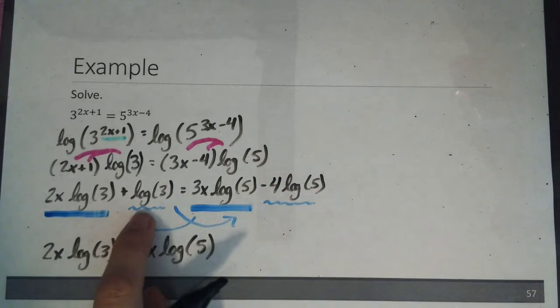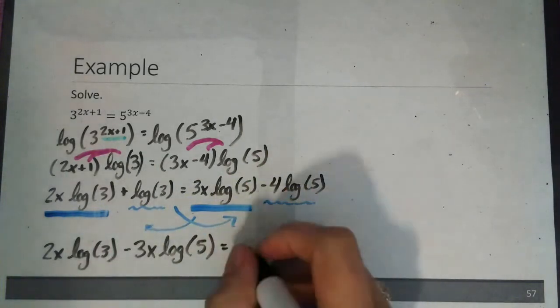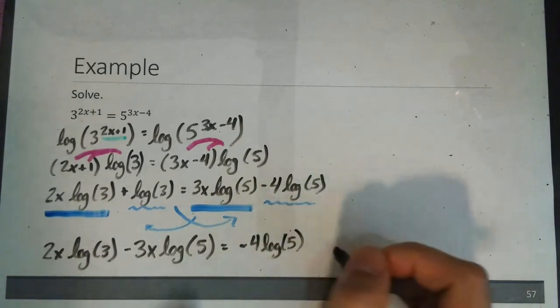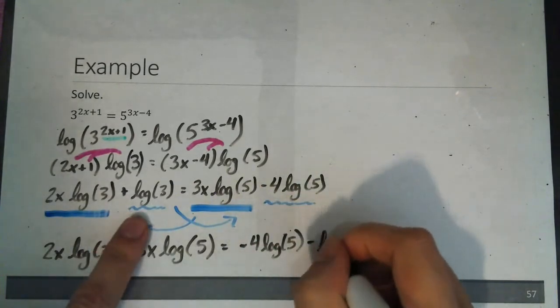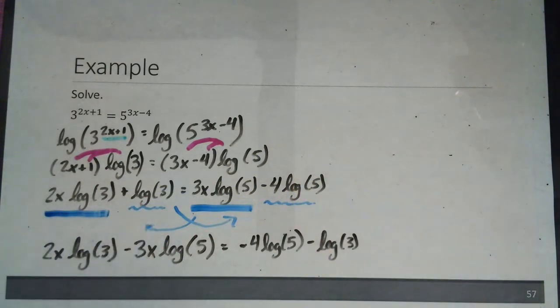I'm going to be moving this log of 3 over so I don't have to worry about it. This is equal to, I already have a negative 4 log 5, and I am subtracting this log of 3. So in that step, I rearranged my terms so that all of the x's were on the left and everything without an x was on the right.